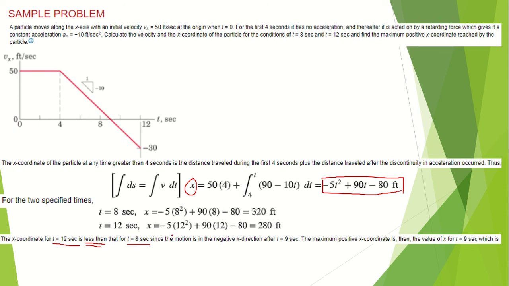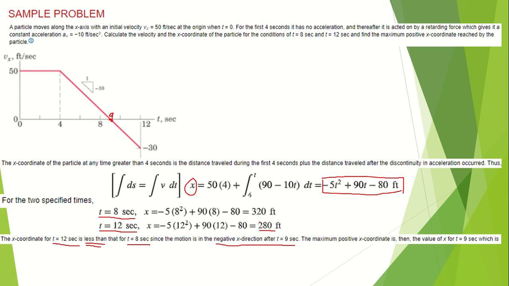The reason is that the motion is in the negative x direction after 9 seconds. So you see here, this is at 9 seconds. After this one, it becomes negative. It goes down. All right, so that's why we got a value that is less, even though this time is greater than t equal to 8 seconds.